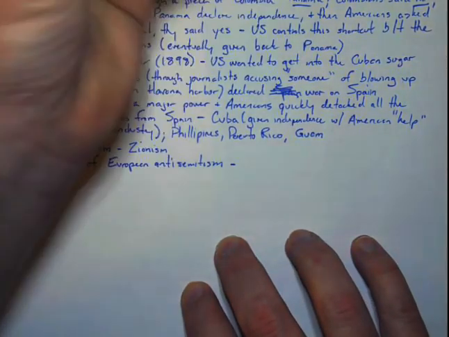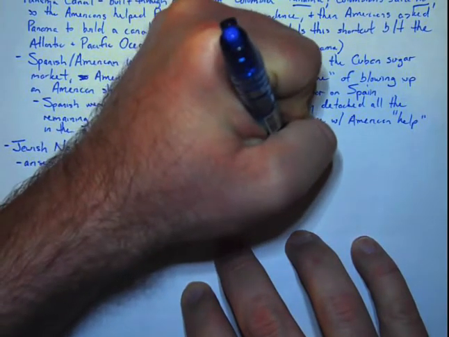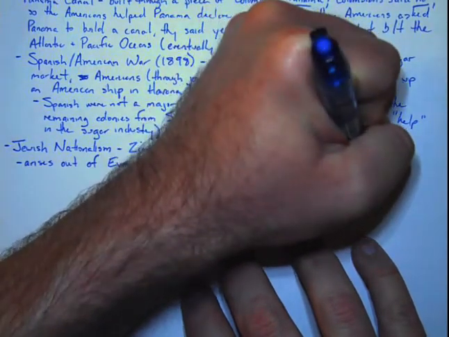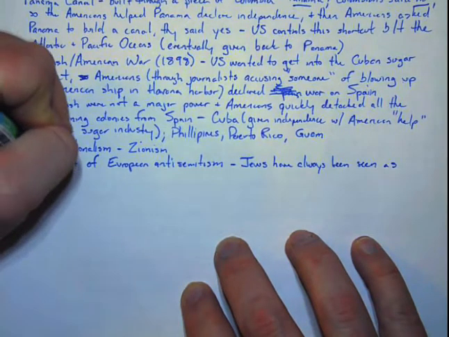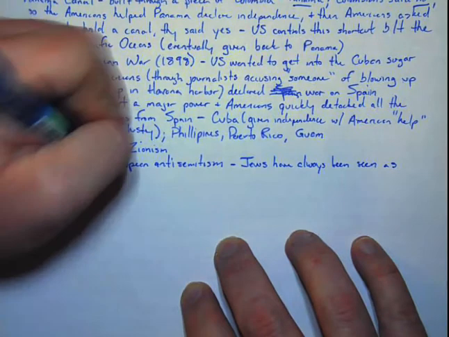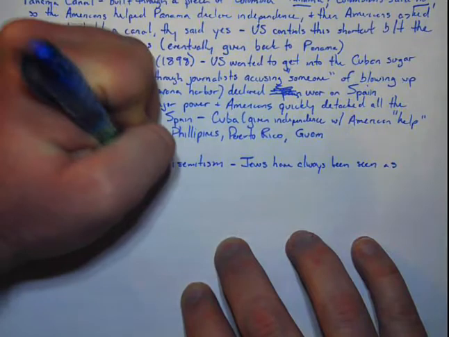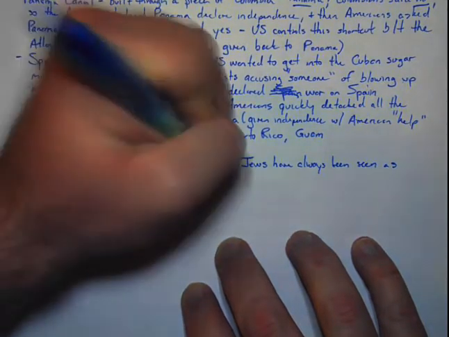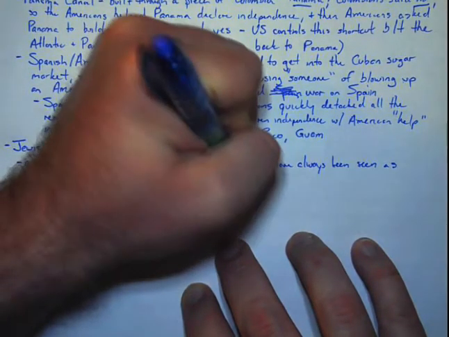So, Jews have always been seen as a scapegoat, mostly because they were an other in a homogeneous Christian society.